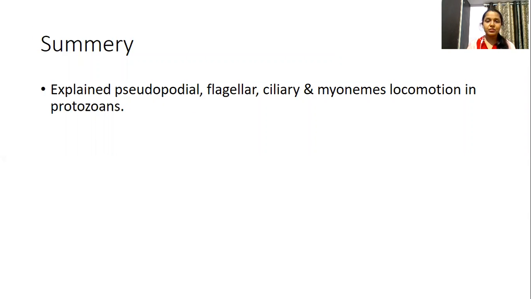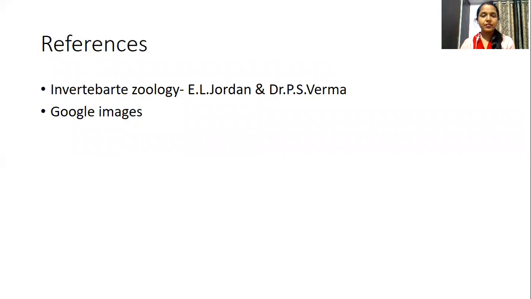Based on the presence or absence of the mastigonemes, we can classify the flagellas into stichonematic, pentanematic, acronematic, pentacronematic, and the simple flagellas, and then the ciliary motion and the myonemes. So these are the various protozoan motions that we discussed in this video. And these are the references I referred to for this content.